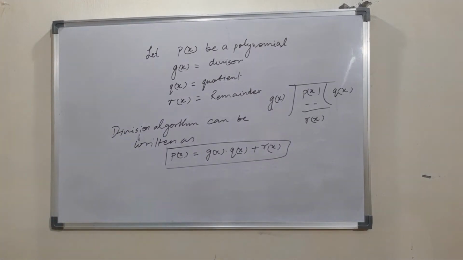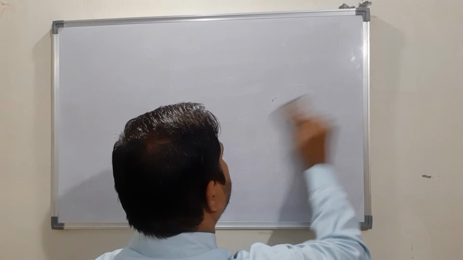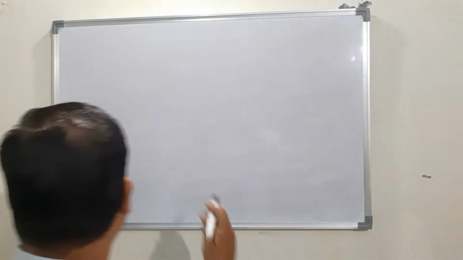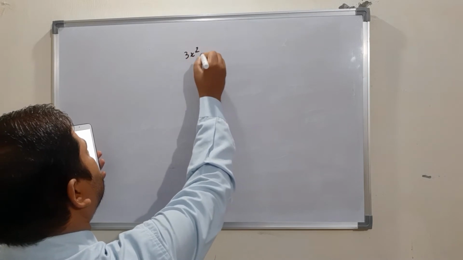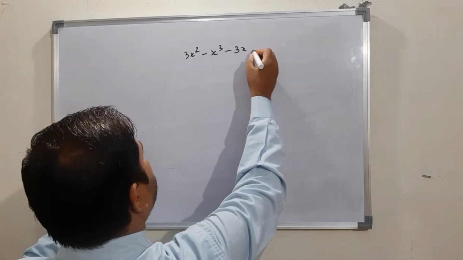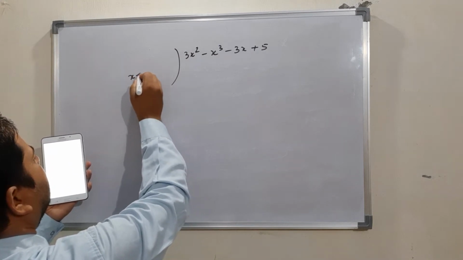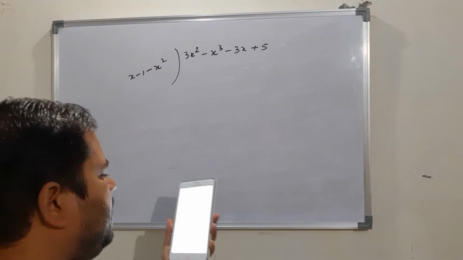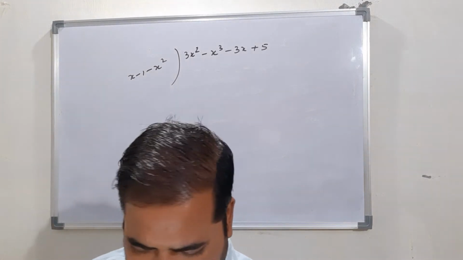So we have to divide the given polynomial 3x square minus x cube minus 3x plus 5 by x minus 1 minus x square, and verify the division algorithm. Also we have to verify the division algorithm.